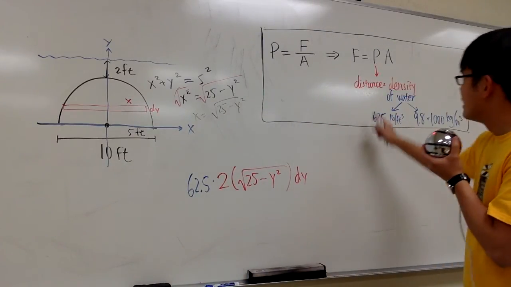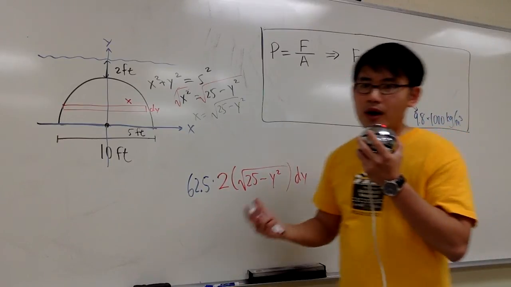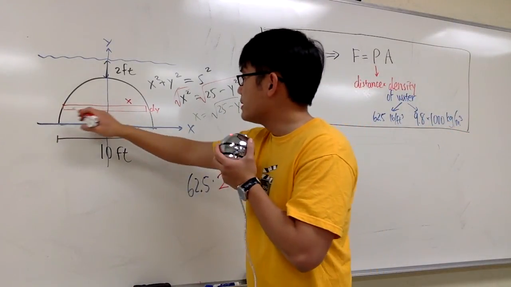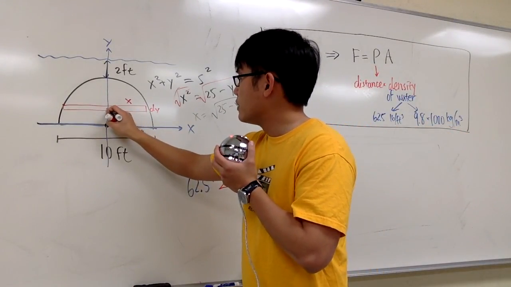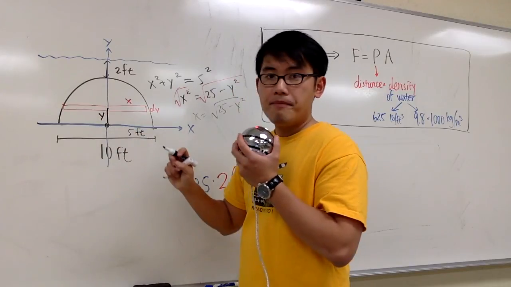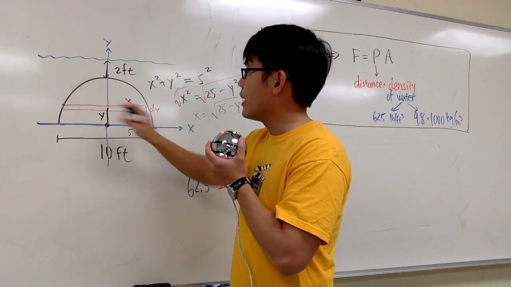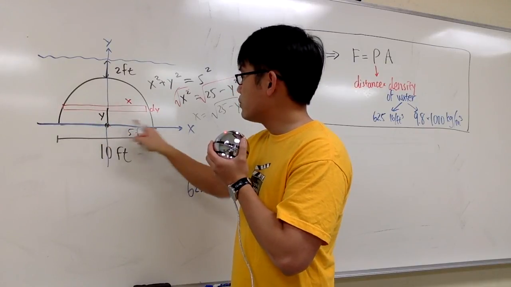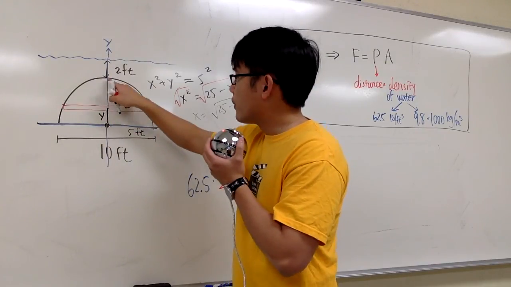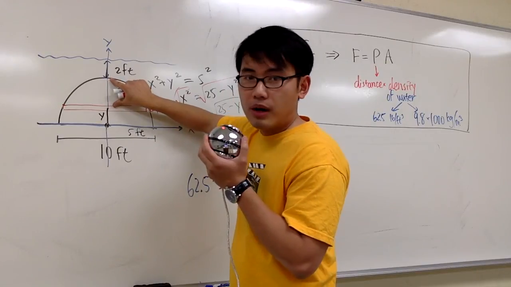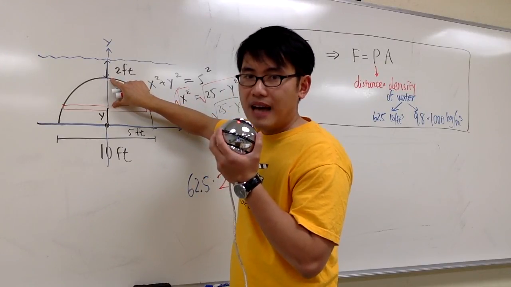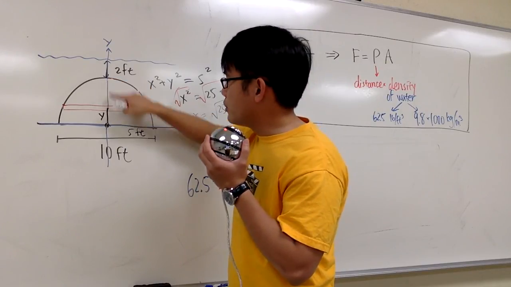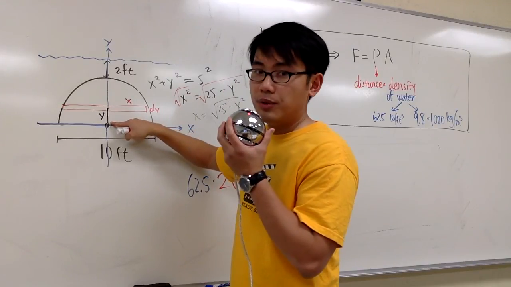Last part. Distance. How far down we are underneath the water. So based on labeling, from here to here, it will be the y. But then I want to figure out all the way. Well, this right here is the radius, which is 5. From here to here, I'm just talking about this part. This part will be 5 minus y, because from here to here, which is the radius, it should be 5.